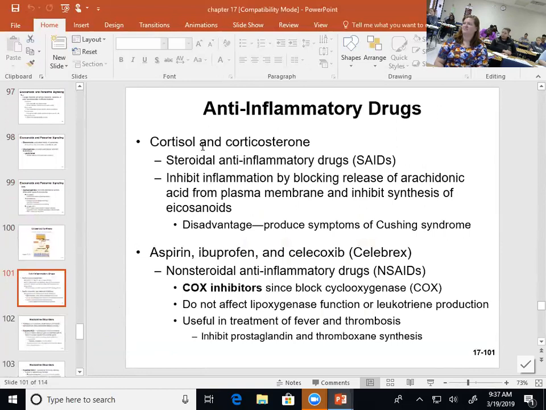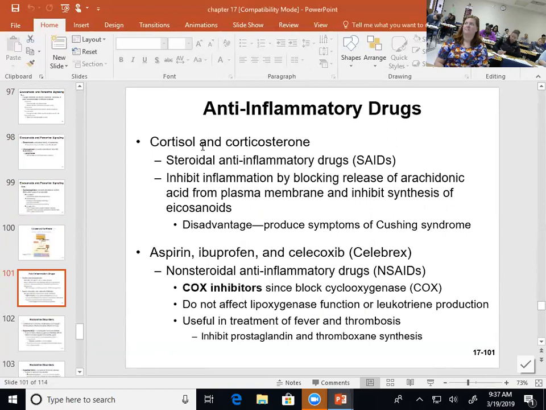Guys, we talked about the idea that we can synthetically make a lot of these hormones, and cortisol, I told you, we can give prednisone and help people with tissue repair, give them a little boost of that. It's usually going to throw off electrolyte balance and cause some issues with that.